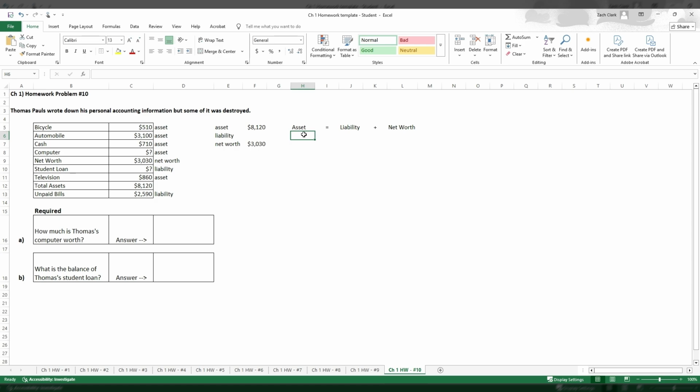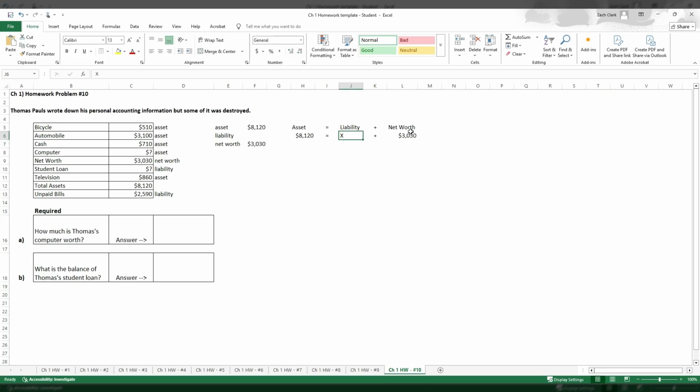Okay, so as I mentioned, we have 8,120. I'll just write this here, and then we'll have our equals sign. We don't know this, so this is x. Let's do it like algebra. Solve for x. Liabilities will be x, and then net worth we know is 3,030.